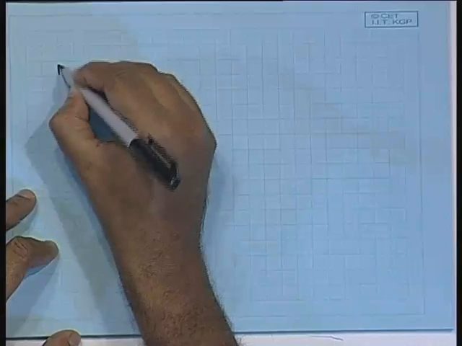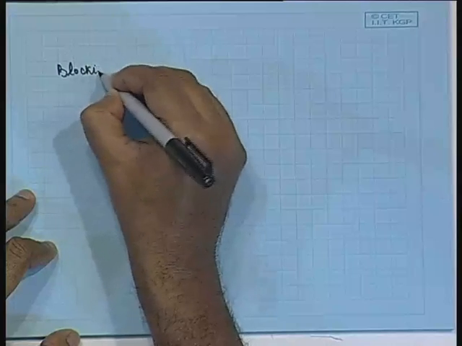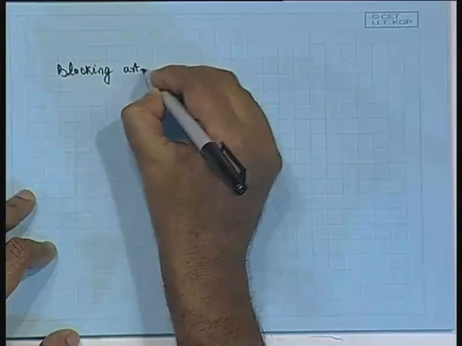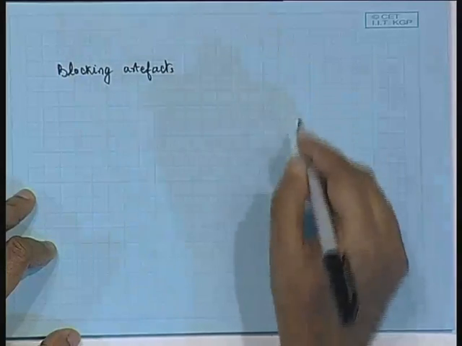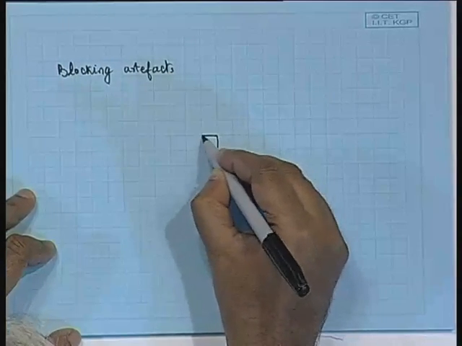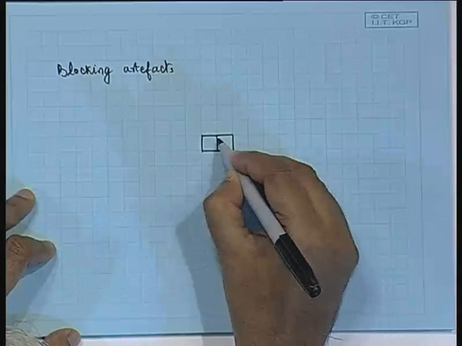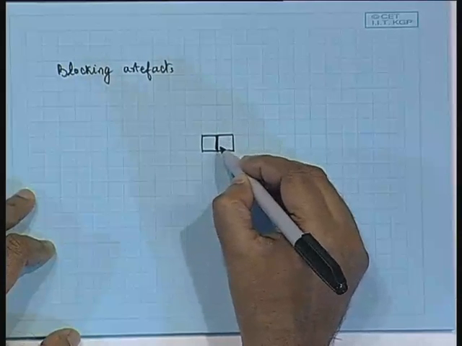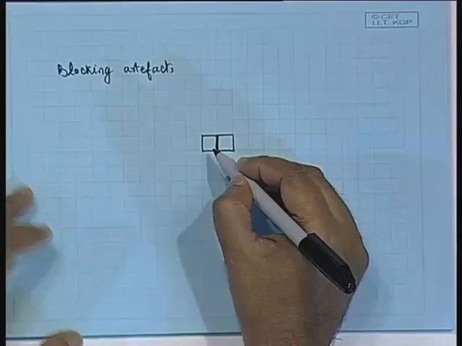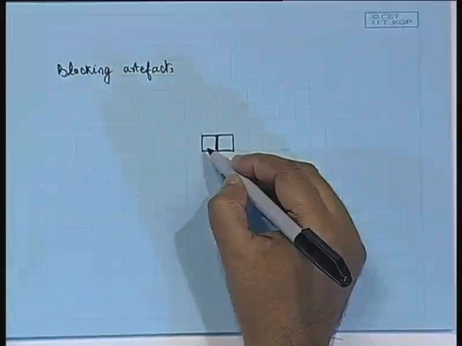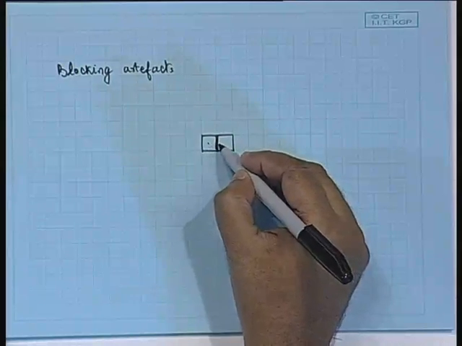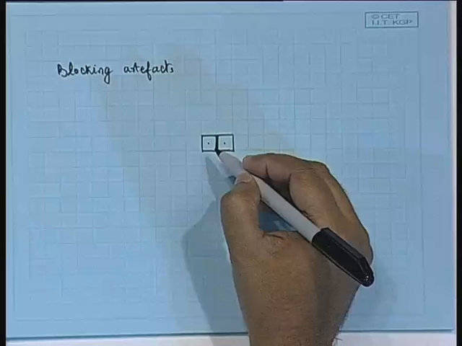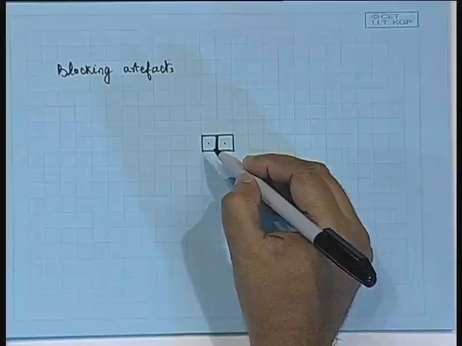Blocking artifacts, as the name implies, means that from one block to the next there will be some variations in the overall characteristics. The simplest example is that the overall intensity is different. If this block has some DC level and the next block has a different DC level, what are you going to observe? You are going to observe some kind of artifact.